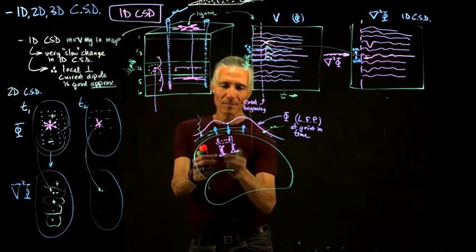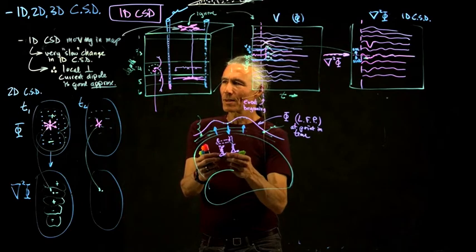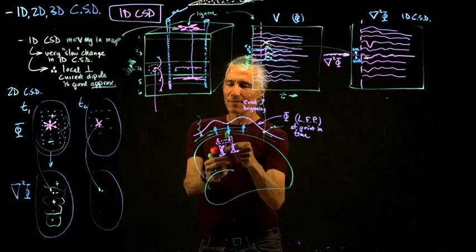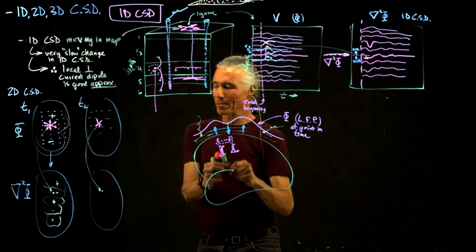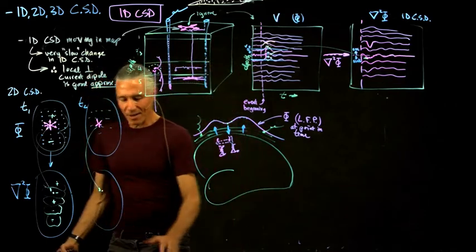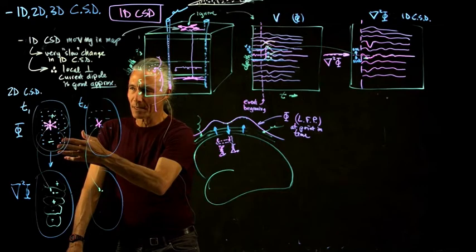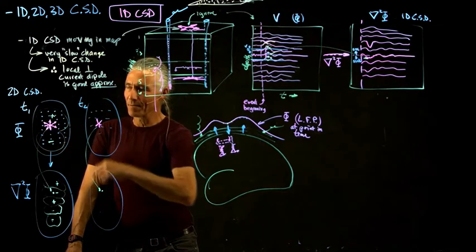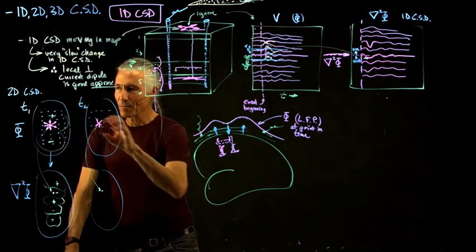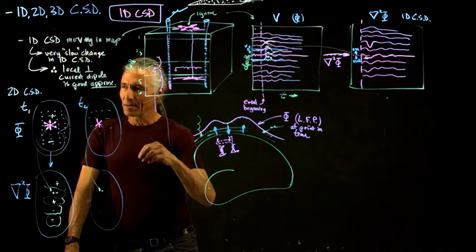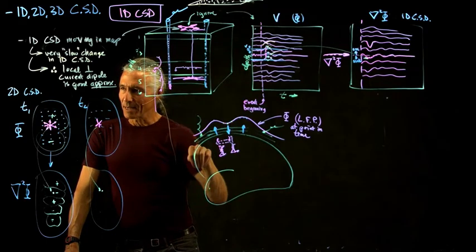You've got this problem of, well, what if the neurons were sideways versus vertical? That's going to be a problem. But in general, I would say it's a good thing to do, because it's better than just looking at the bare potentials, because it's giving you some kind of estimate of where the currents are coming out and going in.